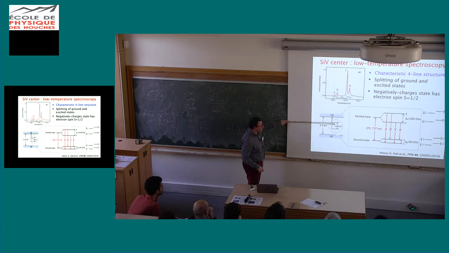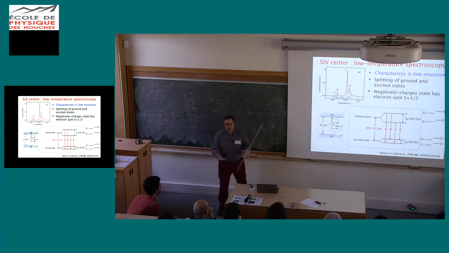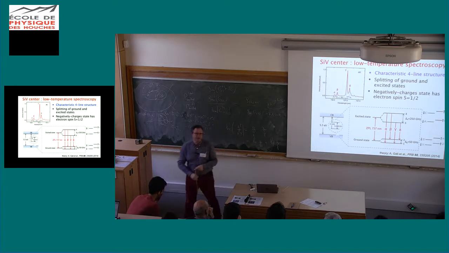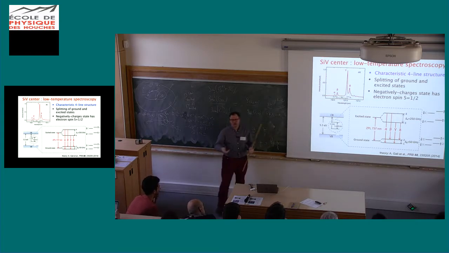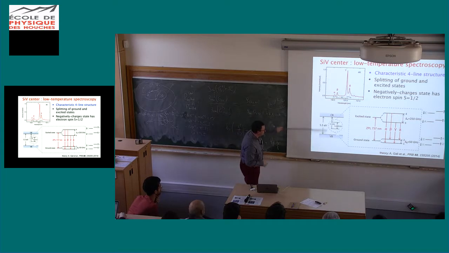And those levels are inside the band gap, and we know where they are approximately by, for instance, making photoconduction experiments. You ionize the system, and you see how much energy you need to do that. So you can, like that, place where these levels are inside the band gap.